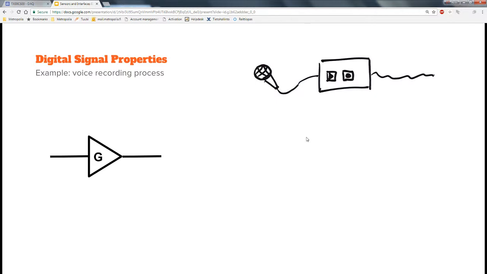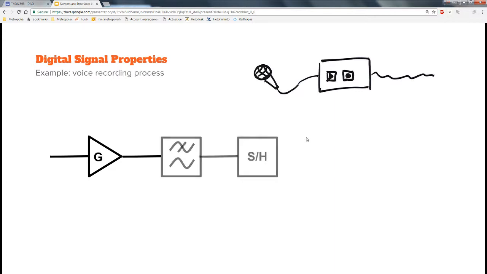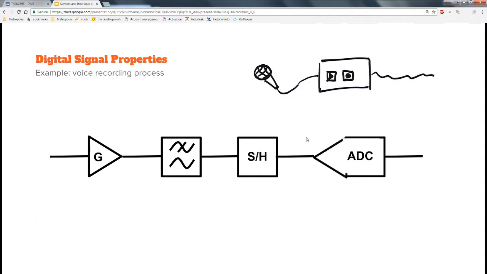The signal comes first, it's very tiny, you need to do some amplification. Then the next block would be low pass filtering to get rid of some of the noise, and also to avoid aliasing. Then there's a sample hold and then the A to D converter.